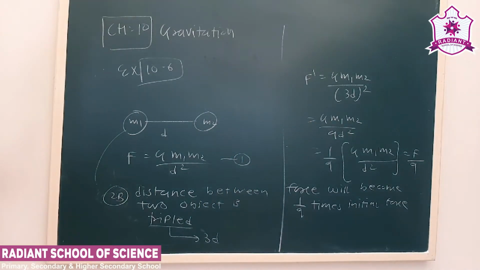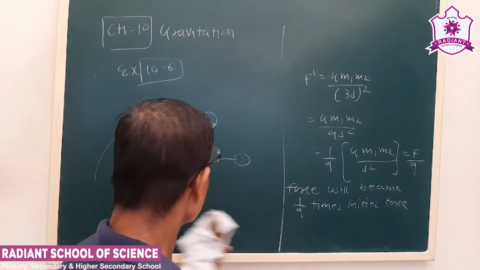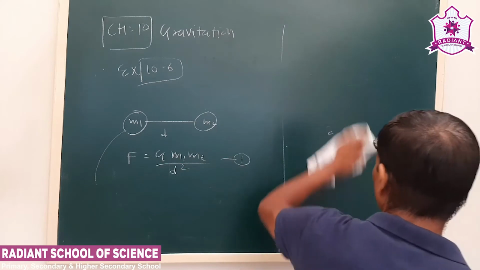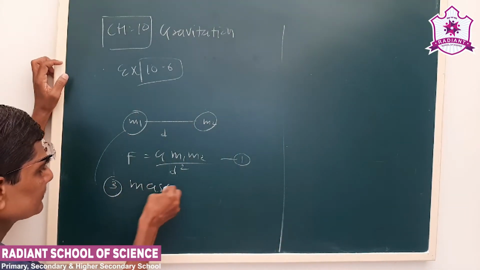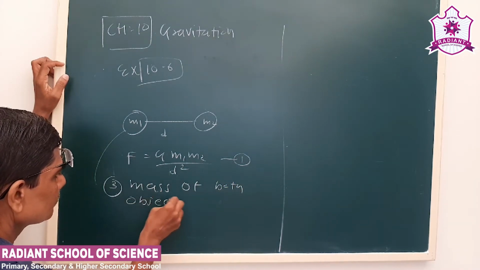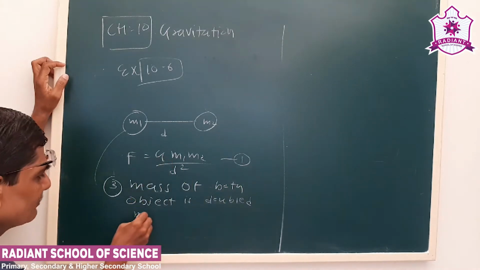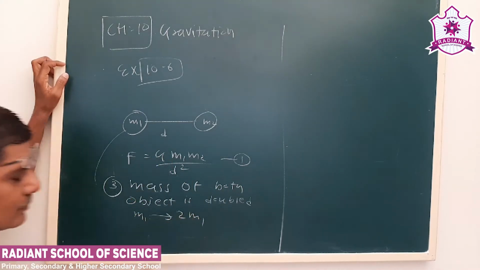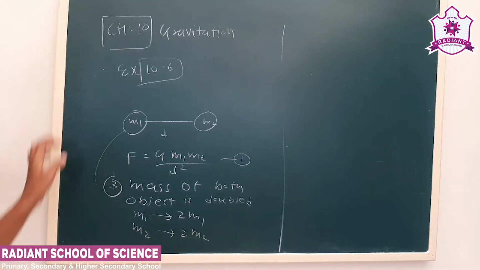Now see the third part of the question says the mass of both of the objects is doubled. So here mass was M1, it has become 2 M1, M2 has become 2 M2. Now see the force.